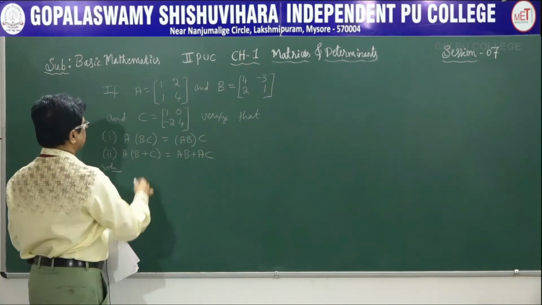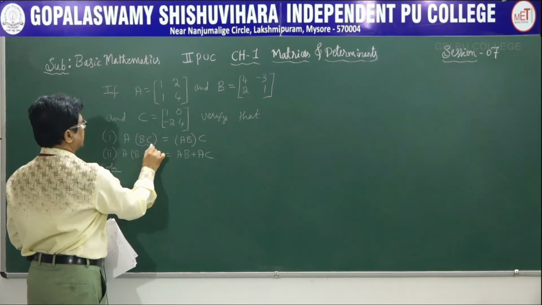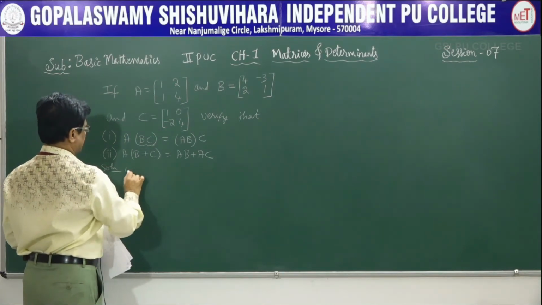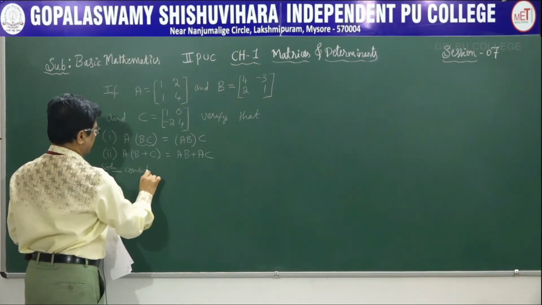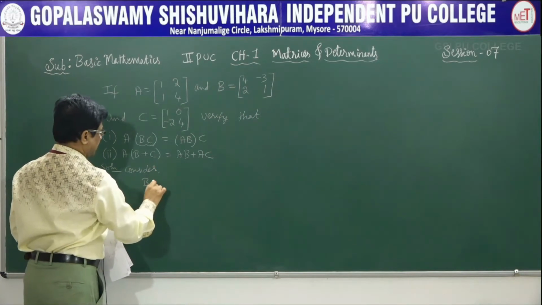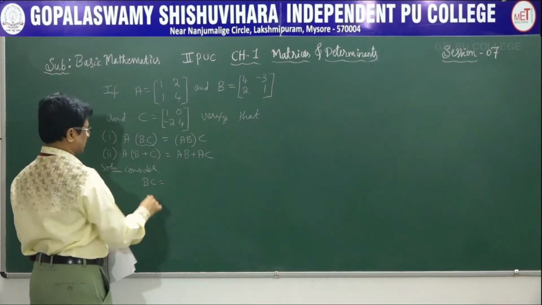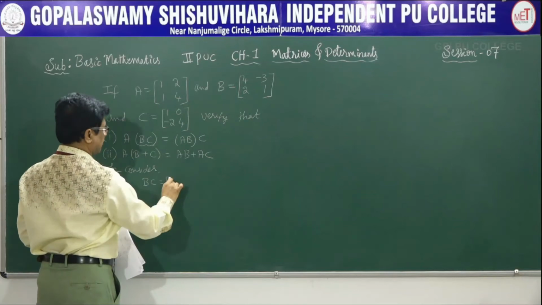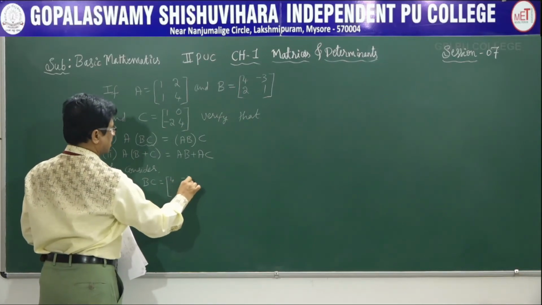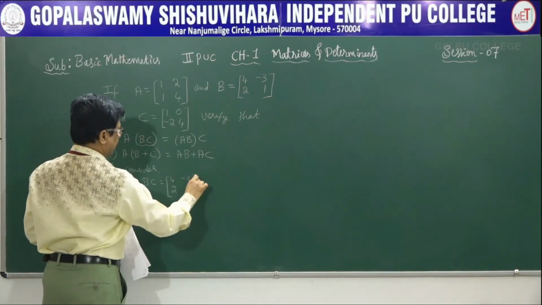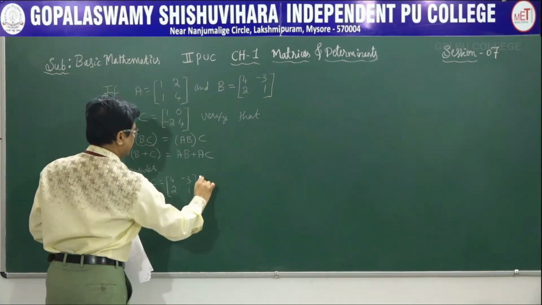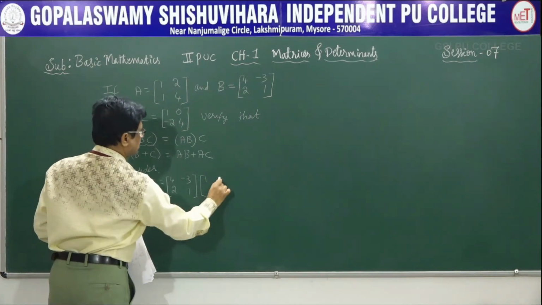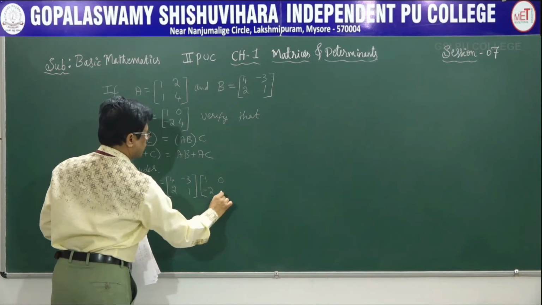Solution. So first let us find BC. Consider BC is equal to, so B is 4 minus 3 2 1 and C is 1 0 minus 2 4.